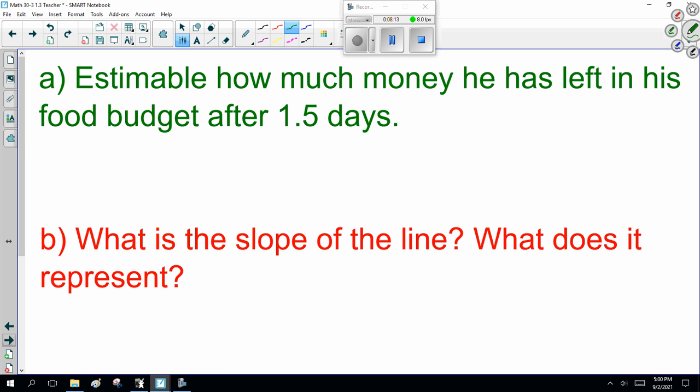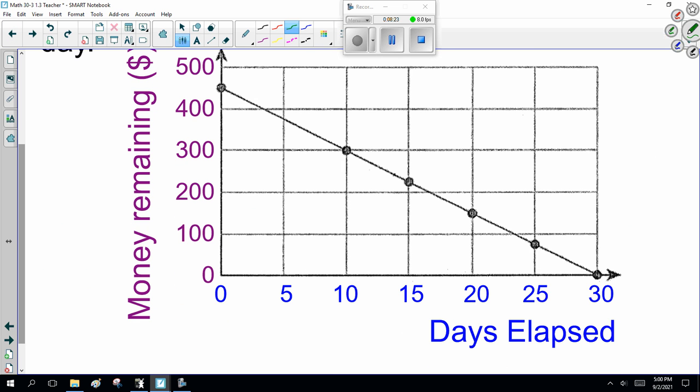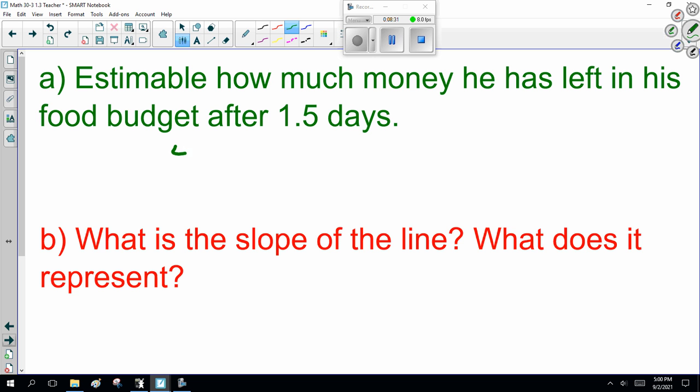Estimate how much money is left in his food budget after 1.5 days. Now that's difficult to do, because looking at this graph, we're interpolating data. 1.5 is something like that. He's going to have really close to 450. But that's tough to estimate. I'm going to say like $440. That's a big question mark.